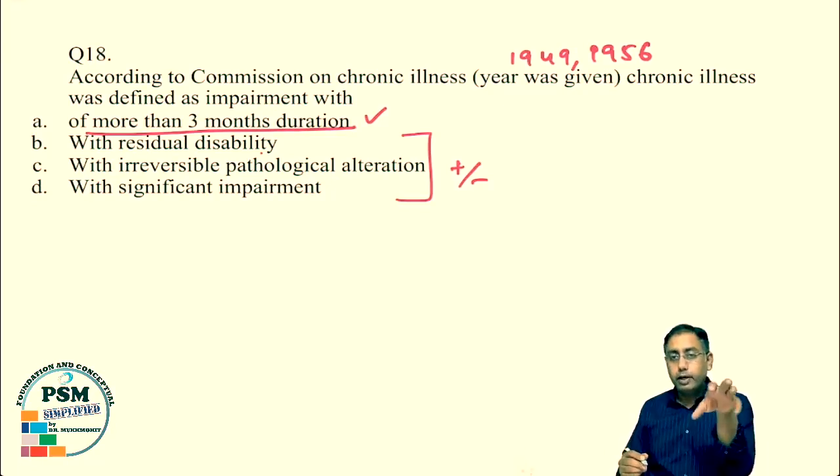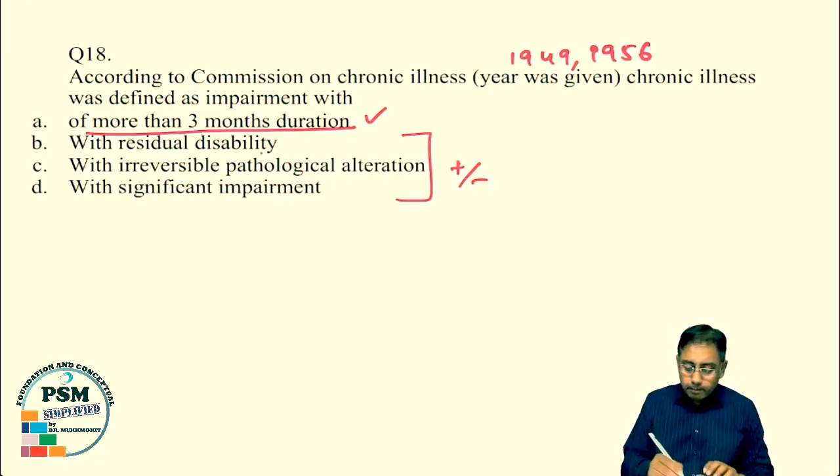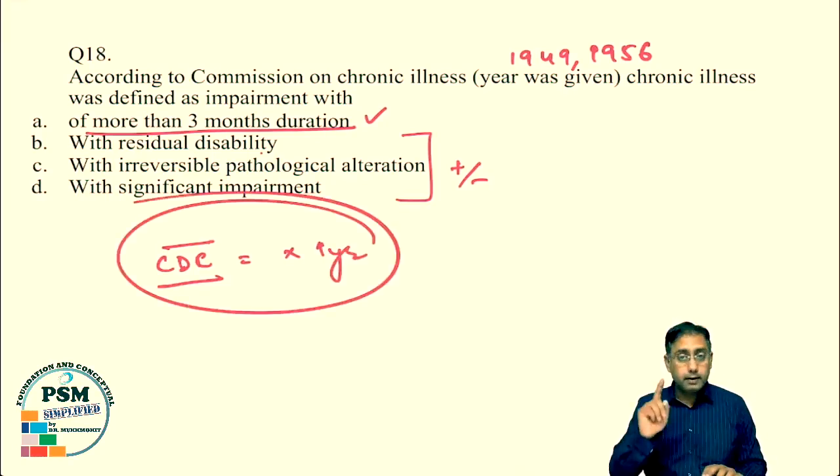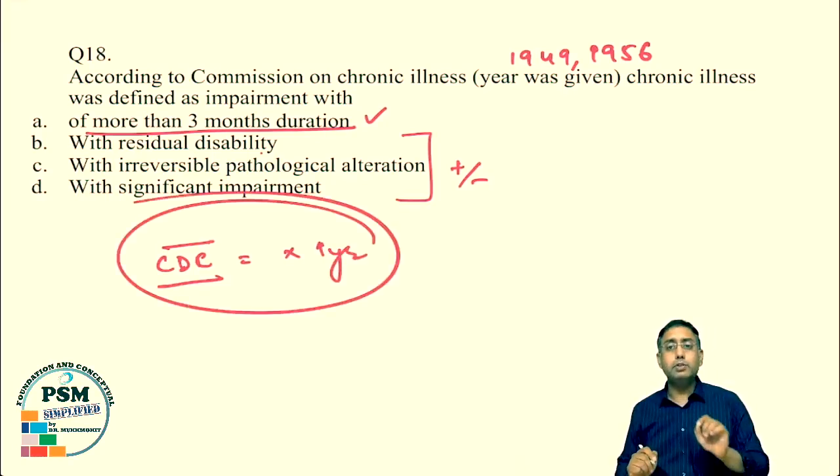I would like to bring to light one small point: according to the CDC Atlanta guidelines, anything which is more than 1 year is taken as chronic illness, but that is only for CDC Atlanta. The WHO guidelines, the American guidelines, the European guidelines, the Australian guidelines, everybody sticks to the Commission on Chronic Illness.